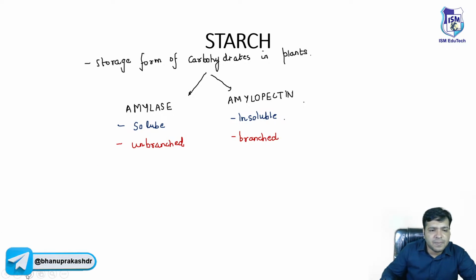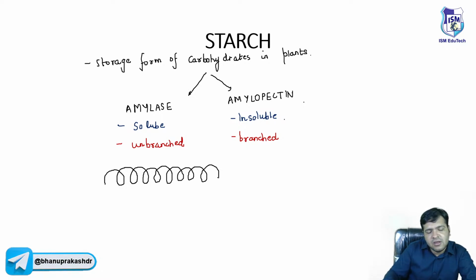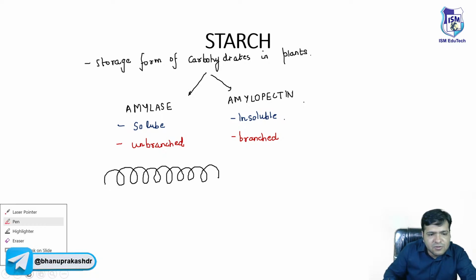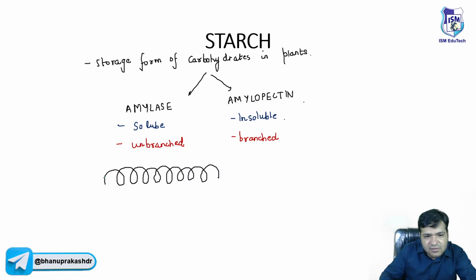Now, if I just draw and explain, you can see that this amylose is formed from glucose molecules, and these glucose molecules are arranged like this.